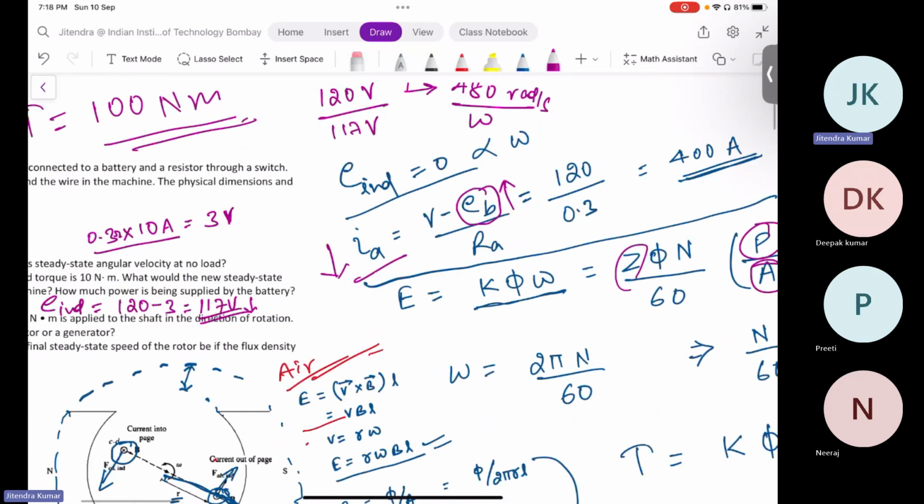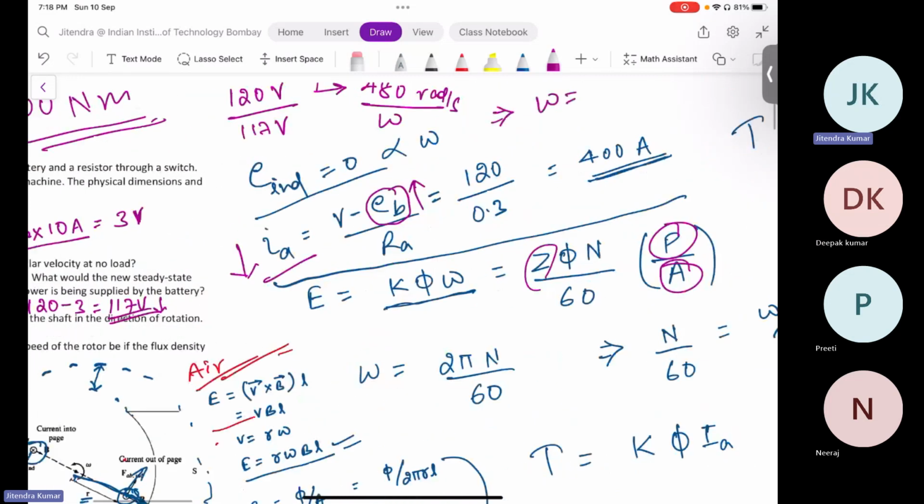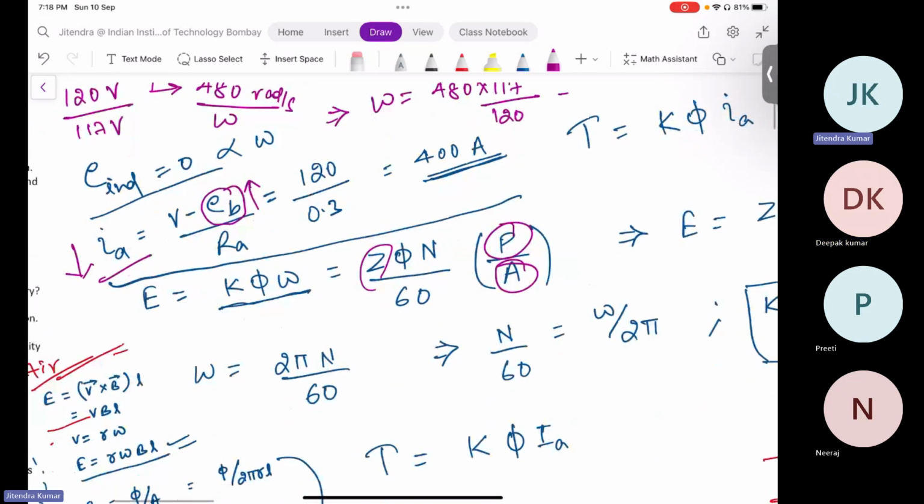The speed will be equal to 480 into 117 divided by 120. Please compute it for me. How much will it come? 468.